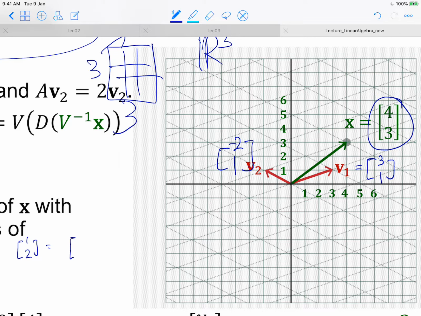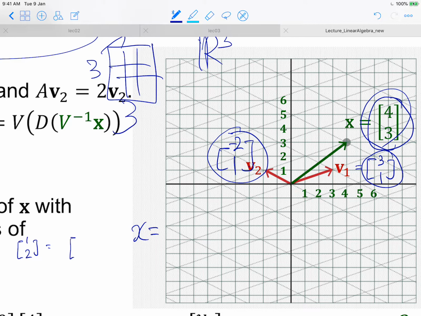So in this case, we have 2 eigenvectors and an externally given input vector x. Okay, and then we want to decompose x as a linear combination of our eigenvectors.